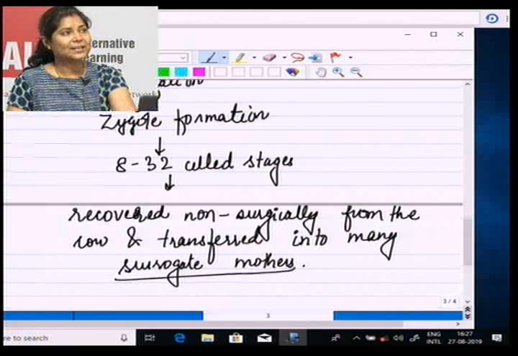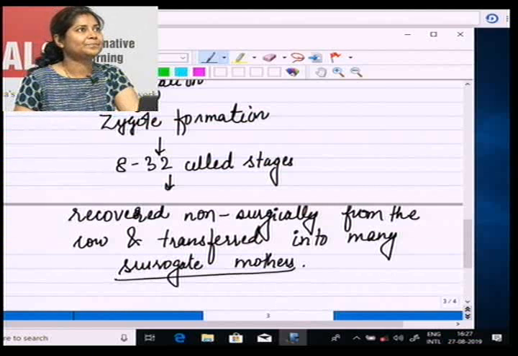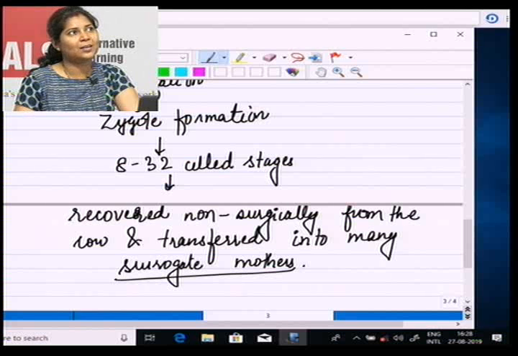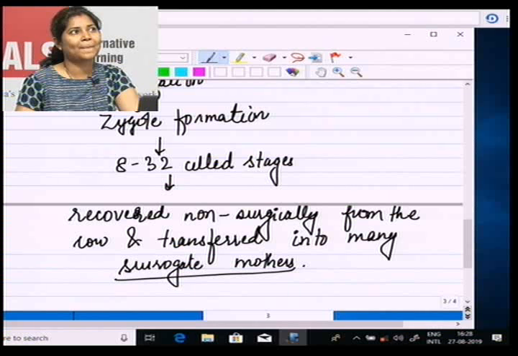Can I proceed? Everybody, all the centers. So I can see St. Paul, Kohima, Shillong, St. Joseph, Aizawl, Churachandpur. Who else is there apart from this?